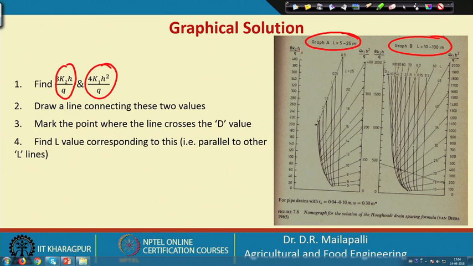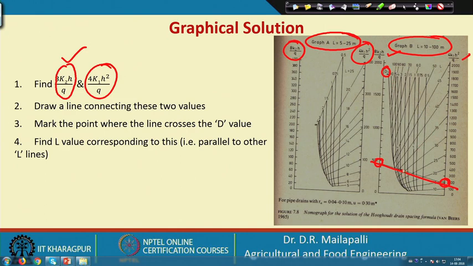Here the y1 axis contains 8 K2 d by q and the y2 axis contains 4 K1 h squared by q. The other graph is similar. First calculate 8 K2 d by q, and similarly calculate the other term, and combine these two.